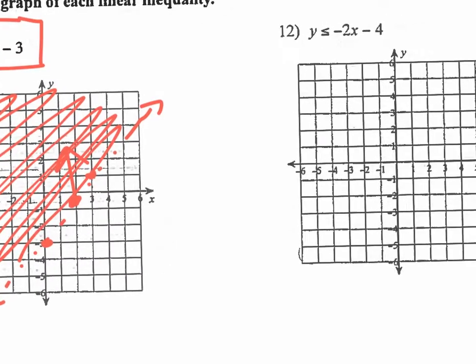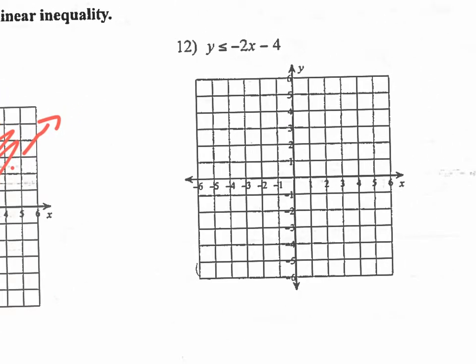Okay. For number 12, I'll put a point, my y-intercept, at -4, and then use the slope -2. I'm going to make that a fraction over 1. So I'm going to use that fraction -2 over 1, get this point right there. Or I could go up 2, but then if I go up 2, I have to go to the left one, so I get this point. And I have all of these points.